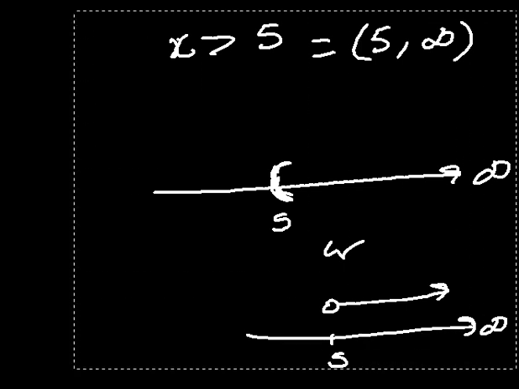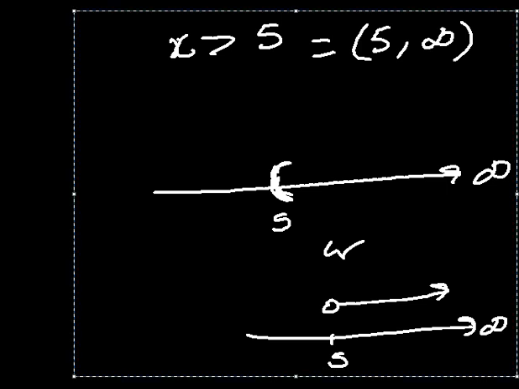And how about, let's say, if we have x less than or equal to 10, with negative infinity. How should you have it? This is an unbounded interval.